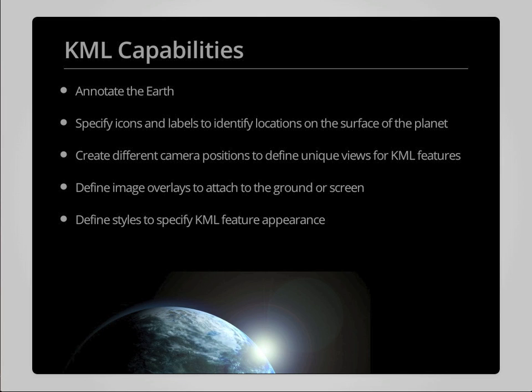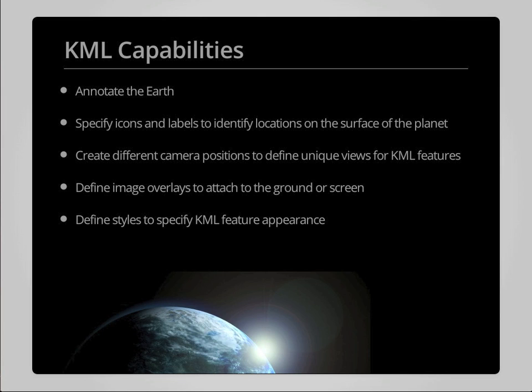You can create different camera positions or perspectives, so you can actually view features defined in KML from different elevations or angles. You can define what are called image overlays that can be attached either to the ground coordinate system within the global reference system in KML, or to fixed coordinates in whatever viewer application may be providing access to the KML file.